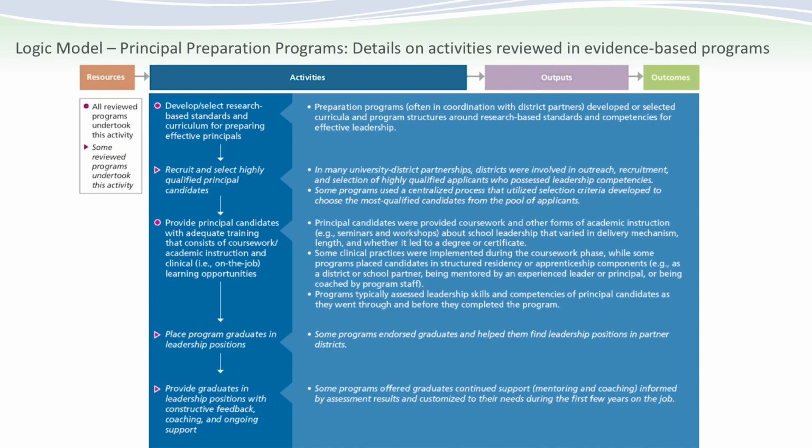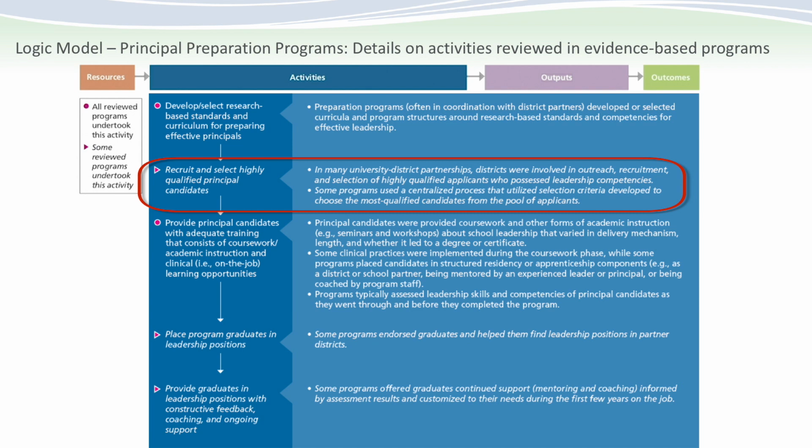We also provided some detail to unpack those activities, again drawing on the programs that we had reviewed. For example, in recruiting and selecting highly qualified principal candidates, these are in italics, so these are two things that are common, but not in all of the programs that we looked at. Many of the university-district partnerships involve the district in outreach, recruitment, and selection. So rather than the teacher saying, I want to be a principal, I'm going to sign up for a program, will you write my recommendation?